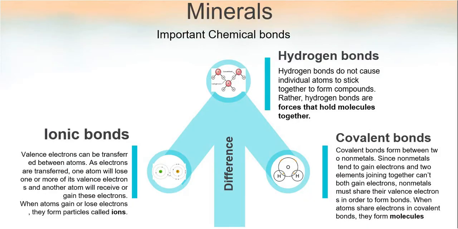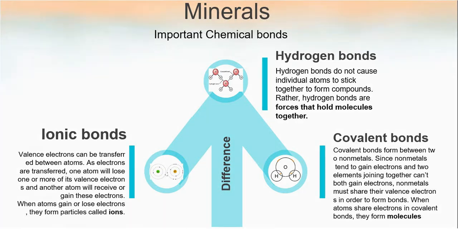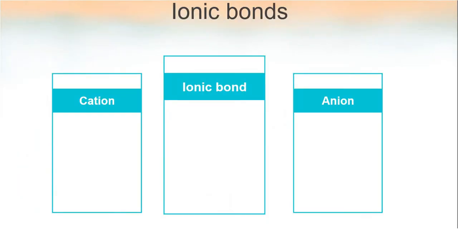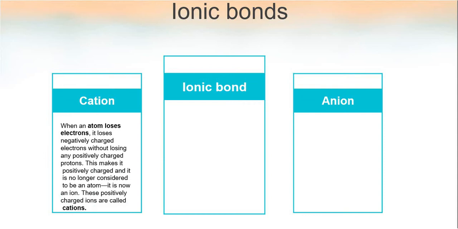Ionic bonds. So when I mentioned kanina, we have a negatively charged element and a positively charged element, and those elements have a certain name. Cation. When an atom loses an electron, it loses a negatively charged electron without losing any positively charged protons. Ito yung nangyari kanina, kumbaga si element A, nag-lose siya ng electrons, pero hindi naman naggalaw yung protons niya.